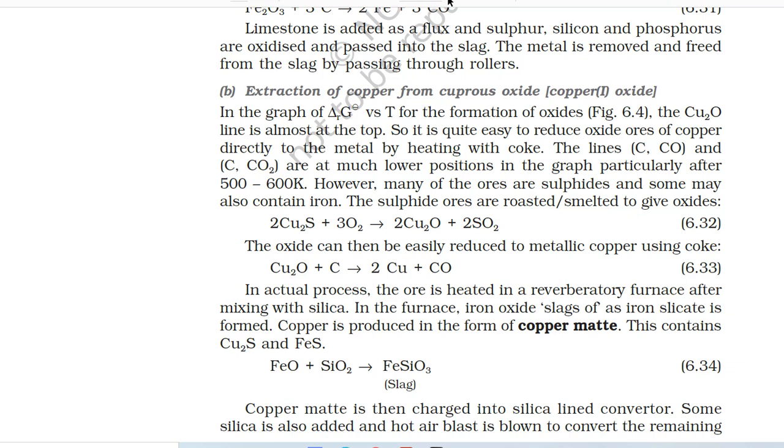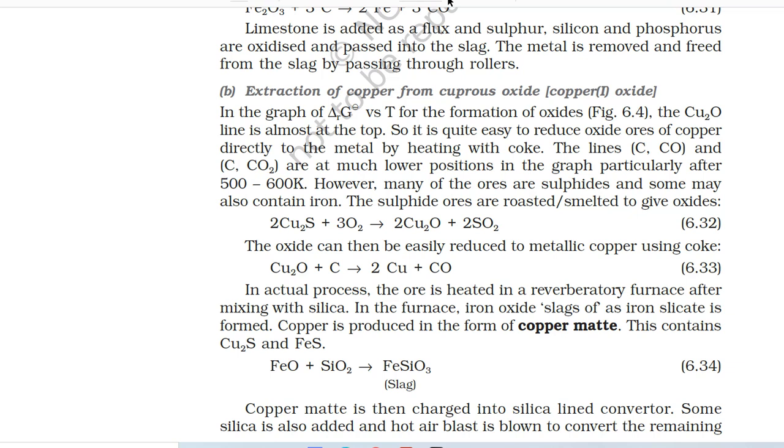So it is quite easy to reduce oxide ores of copper directly to the metal by heating with coke. The lines for carbon, carbon monoxide and carbon, carbon dioxide are at much lower positions in the graph, particularly after 500 to 600 Kelvin.